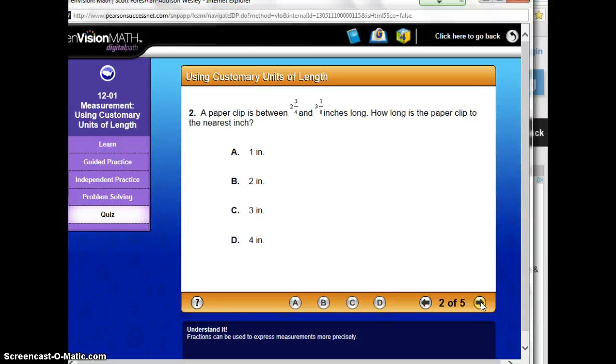So look at your choices. These are all good choices. But if it's somewhere between here and here, what would it be? Oh, guys, every hand should be up. This is not a hard question. Sam? 3, yeah. It's a little more than 2 3/4 and a little less than 3 1/8. Here's our answer, letter C.